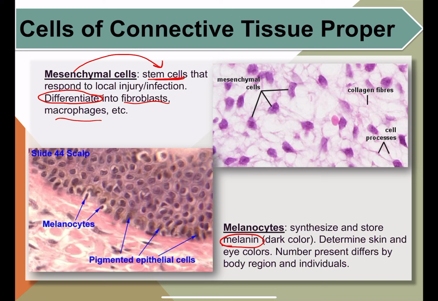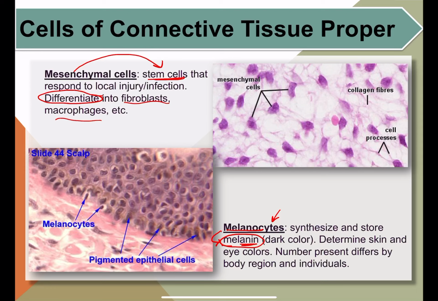But the cells that are in charge of making these proteins are called melanocytes. So melanocytes for melanin. And don't mistake melanin with melatonin. It's two completely different things. Melanin is the pigment. Melatonin is something that's synthesized in the brain that we'll talk about when we get to the brain chapter.